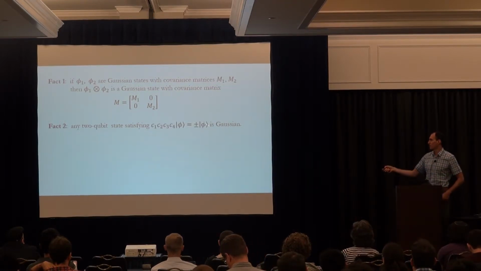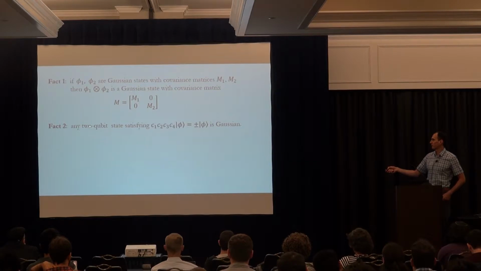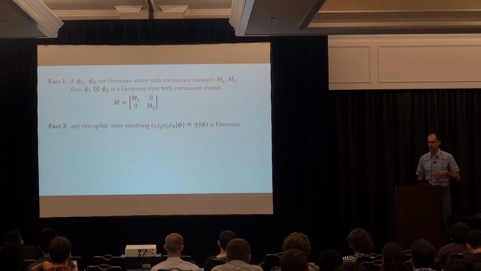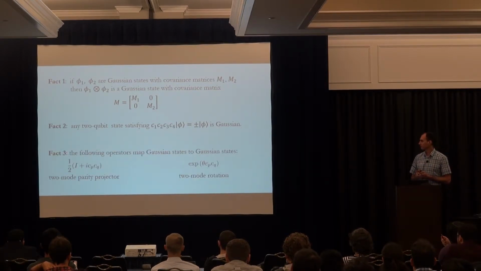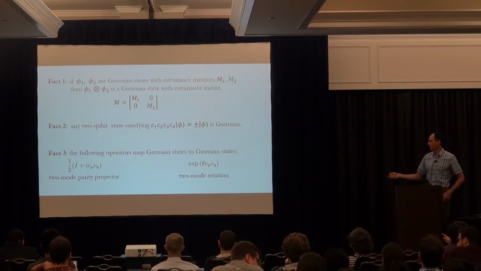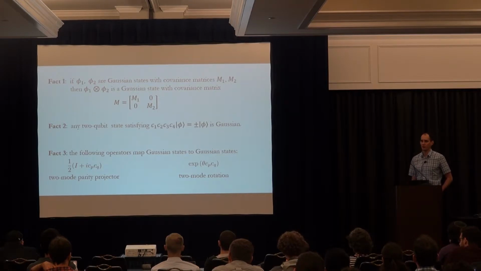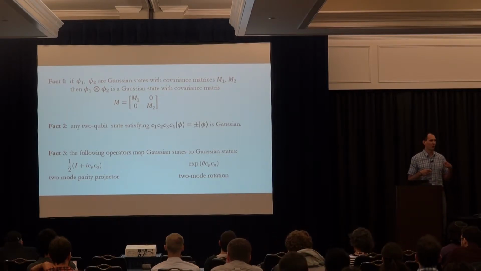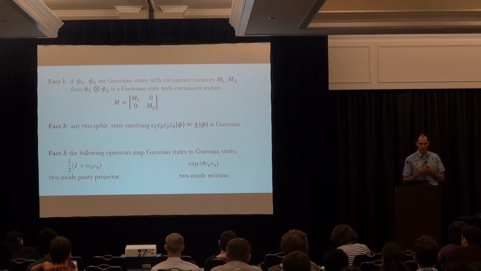More precisely, if we have a 2-qubit state which is an eigenvector of this total parity operator, then such a state is always Gaussian. And finally, there are certain operators that have a nice property that they map Gaussian states to Gaussian states.